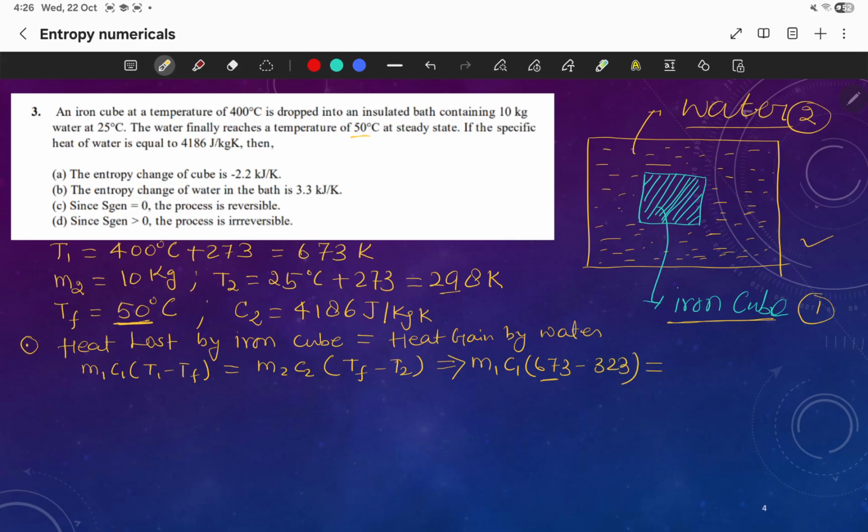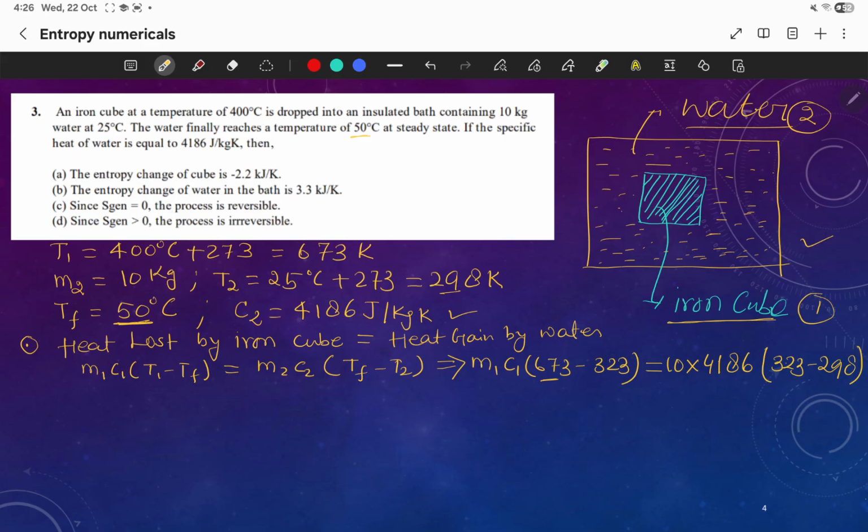This will be equal to 10 into 4186, since C2 is given, into T final 323 minus 298.